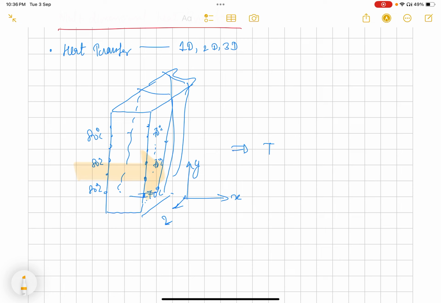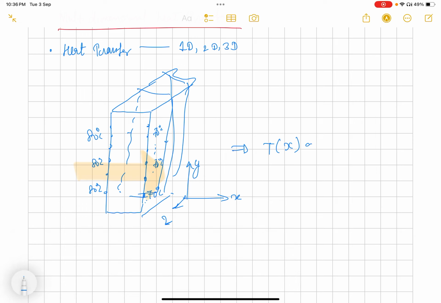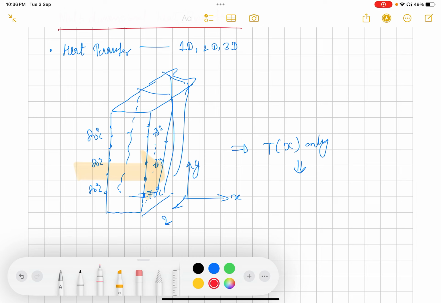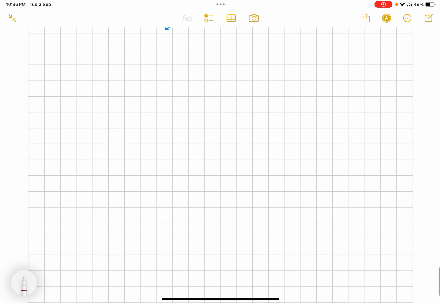So this is one-dimensional heat transfer process.